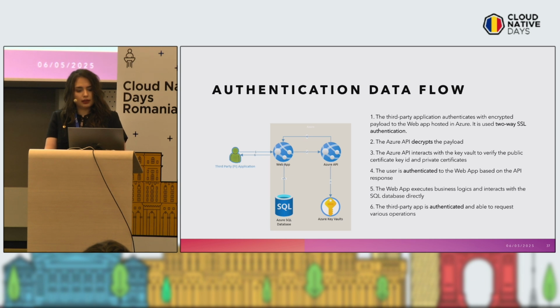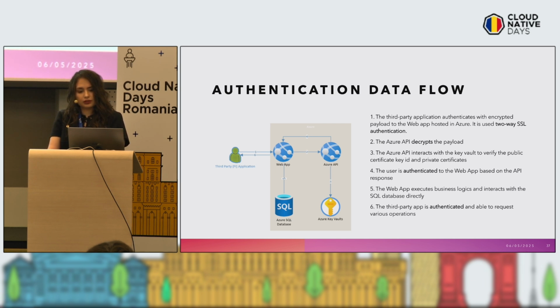And lastly, I want to show the authentication data flow using a two-way SSL. Here, the third-party app is authenticating using an encrypted payload. Our Azure API decrypts the payload, so it has methods especially for those in that area, and interacts with the Key Vault to verify the keys.